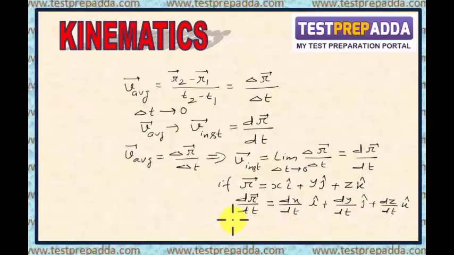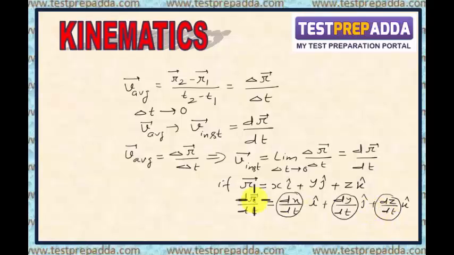And here this dx by dt actually represents rate of change of coordinate x. dy by dt represents rate of change of coordinate y. dz by dt represents rate of change of coordinate z.